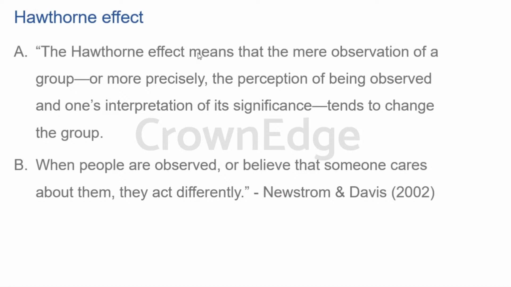Then the participant starts answering in that way. That is the Hawthorne effect. When people are observed or when they believe that someone cares about them, they behave differently. When they realize what you want to know, they may start giving answers that suit your cause instead of giving the real answers. That is the Hawthorne effect.